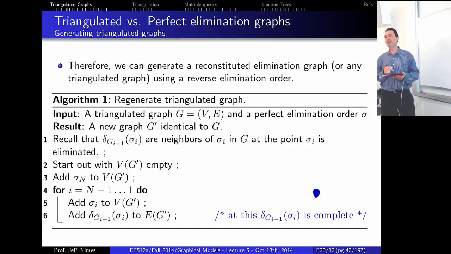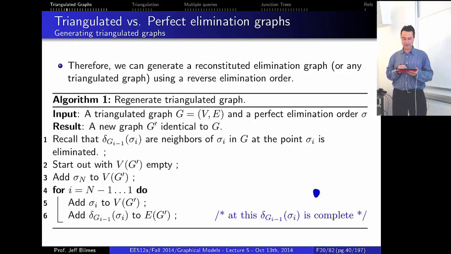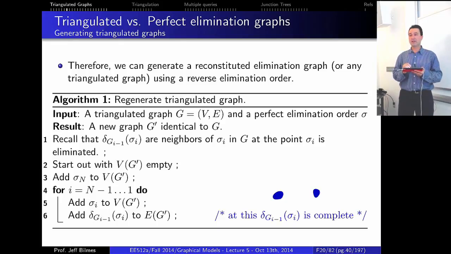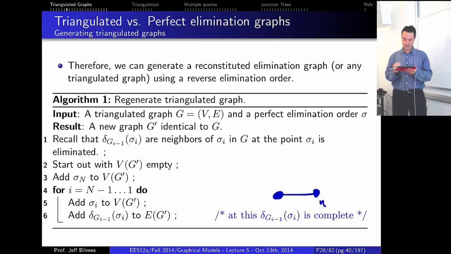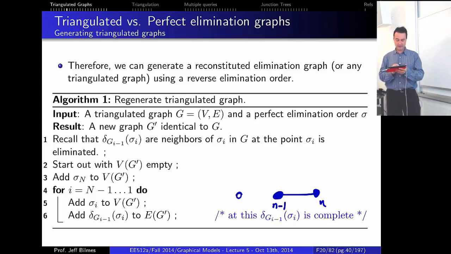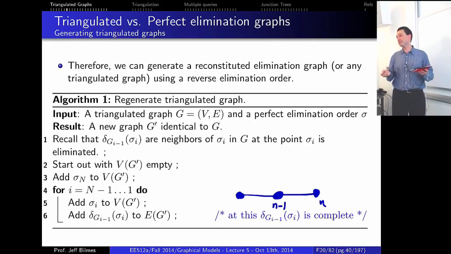And that's always going to be a graph of size 1. And then the second to last node, the penultimate node, is added, and that's connected to only one node. So let's call this one n and this n minus 1. And then the third to last node is this one, and we connect it to the previous set of neighbors. This is n minus 2.